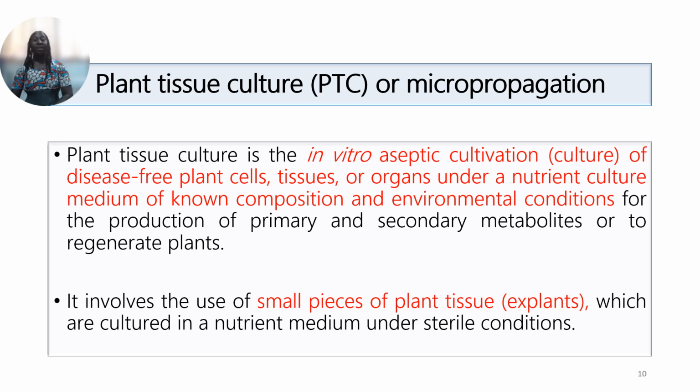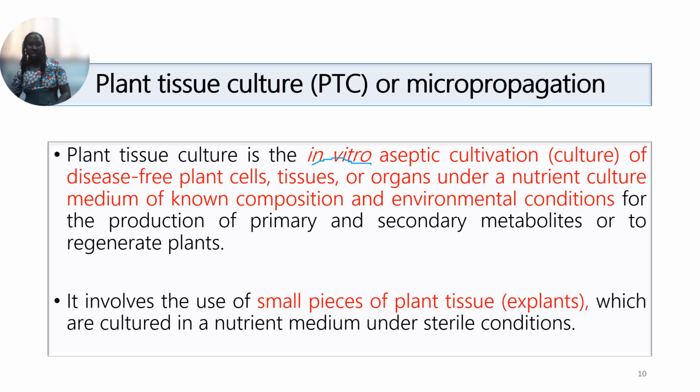So plant tissue culture is an in vitro aseptic cultivation of disease-free plant cells, tissues, or organs, in a nutrient culture medium of known composition and environmental conditions for the production of primary and secondary metabolites or to regenerate a plant part. So, when we talk of plant tissue culture, remember you cannot escape this. It is in vitro.